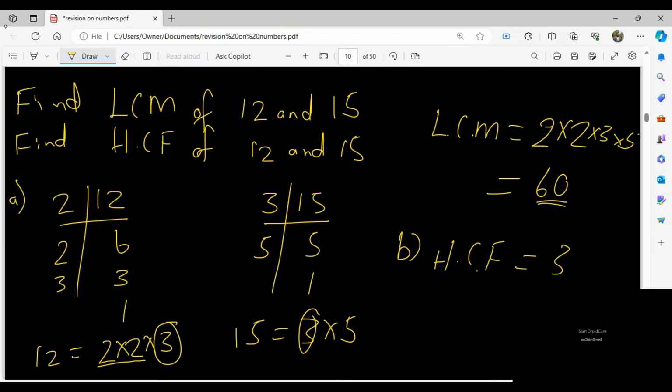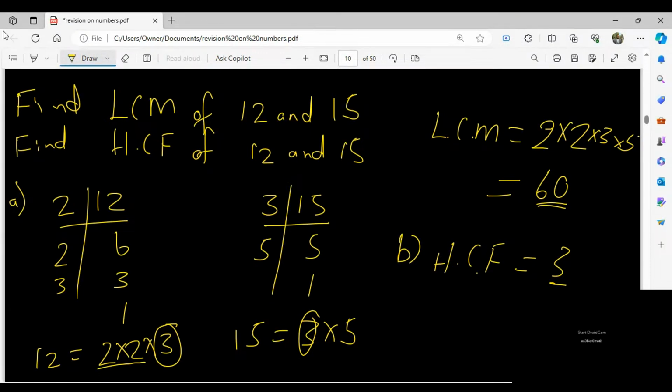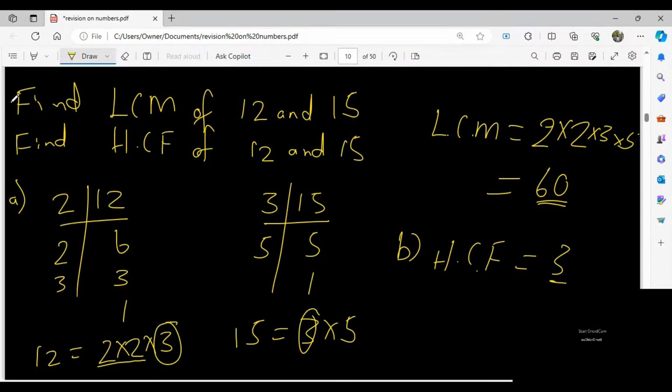No. So the highest common factor is 3. Very, very simple stuff. I hope it is easy to follow and no one gets lost. All right. So that is that for the highest common factor and lowest common multiple. So this is how we find them.